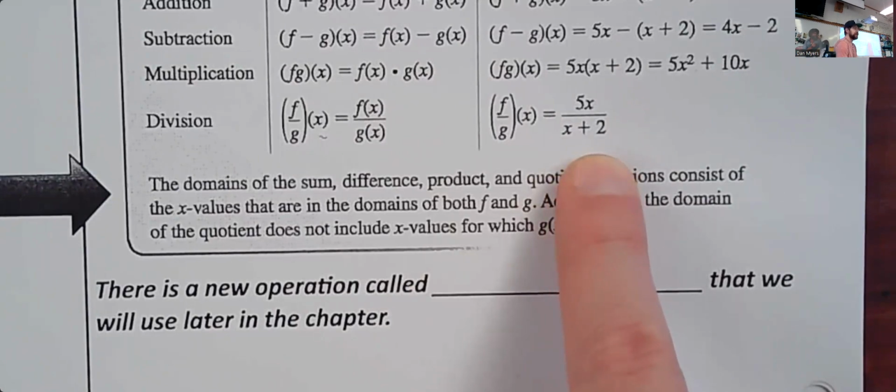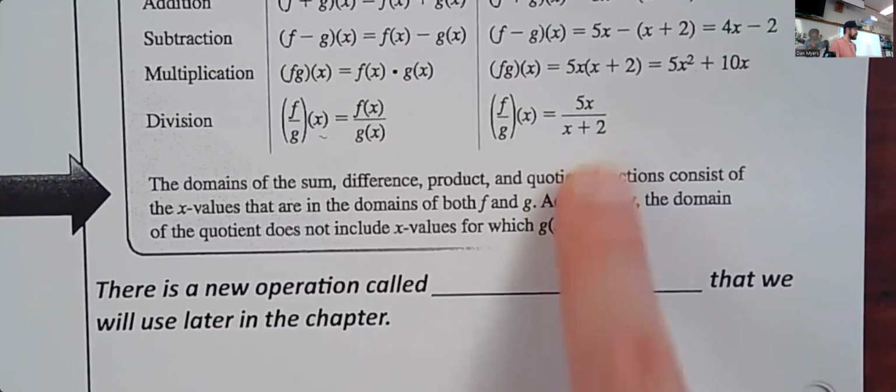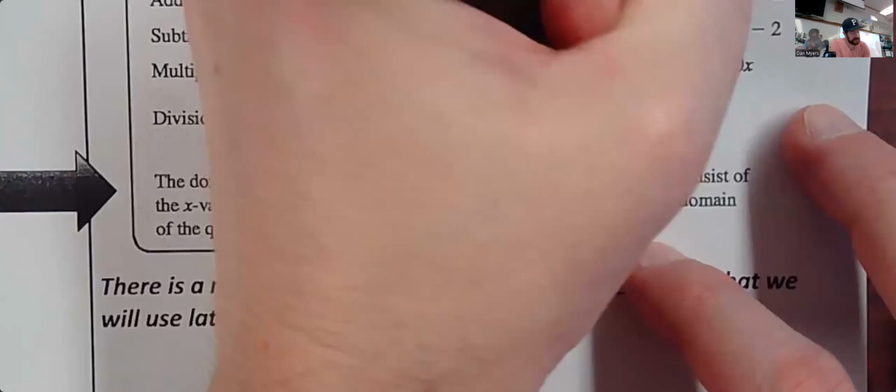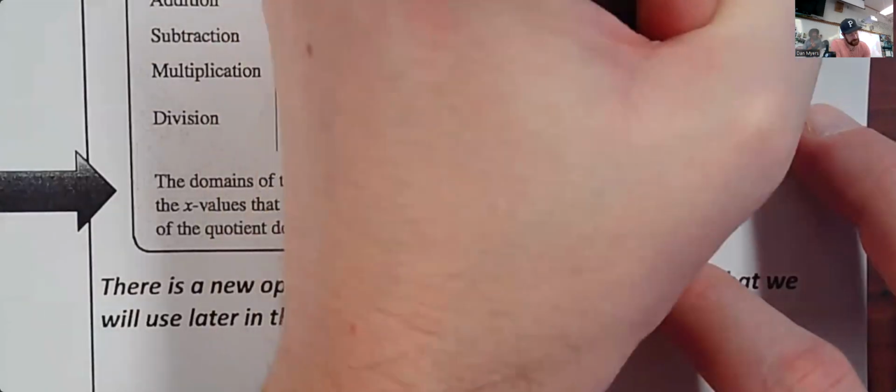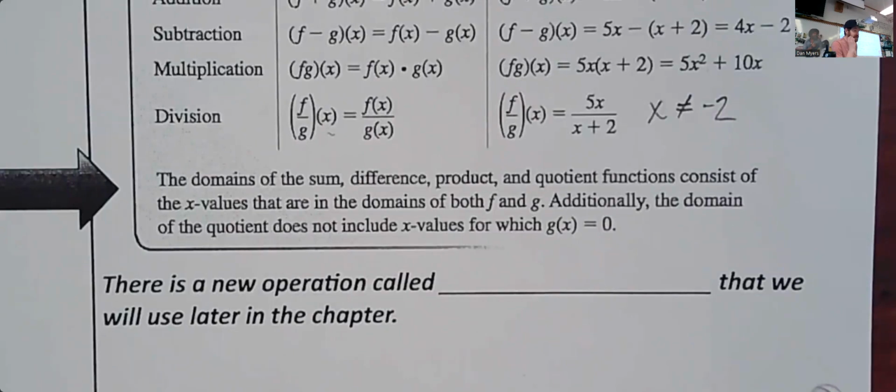What plus 2 equals 0? What number plus 2 equals 0? -2, yeah. So on this one here, we would say x does not equal -2. Not only does it not equal -2, it cannot equal -2.